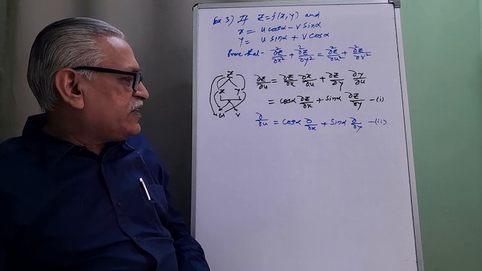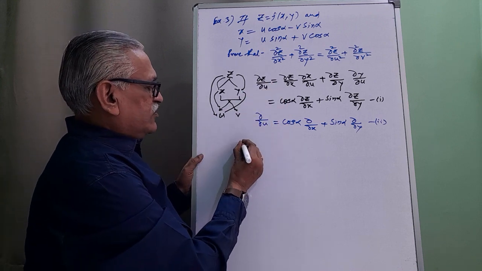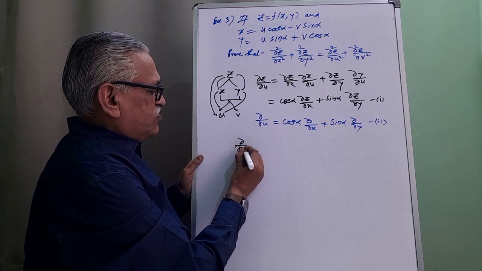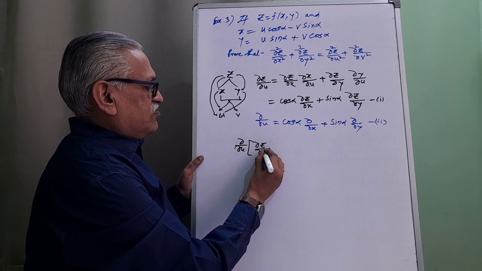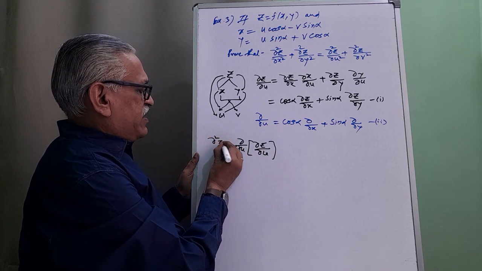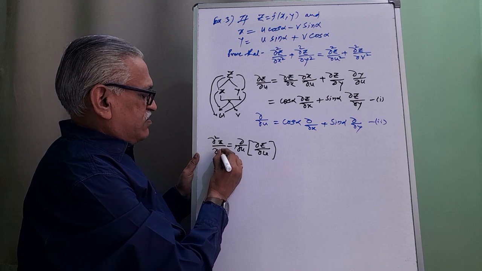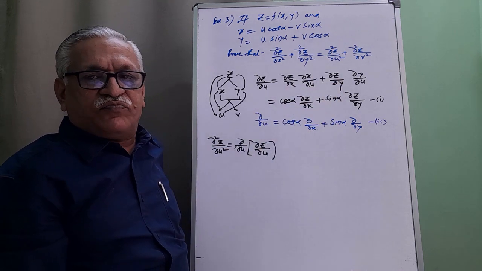And operating this operator on this, we get dou by dou u of dou z by dou u, nothing but dou 2z by dou u square. Means we are obtaining the right hand side term.